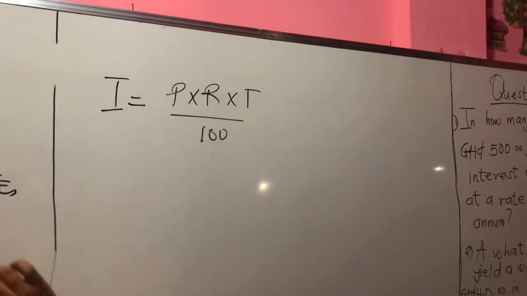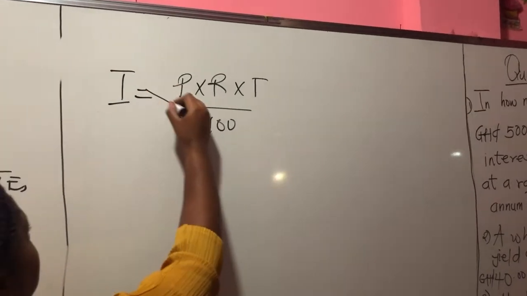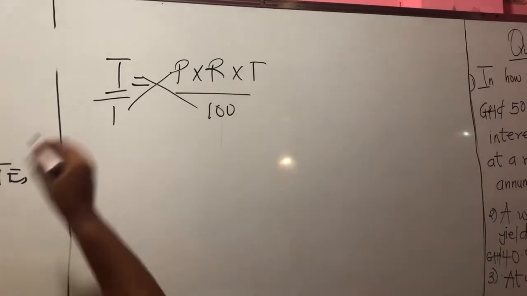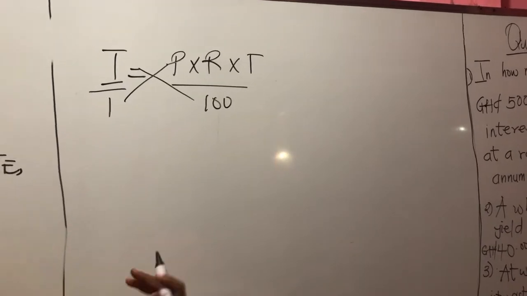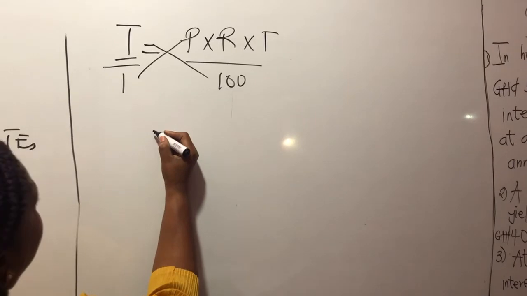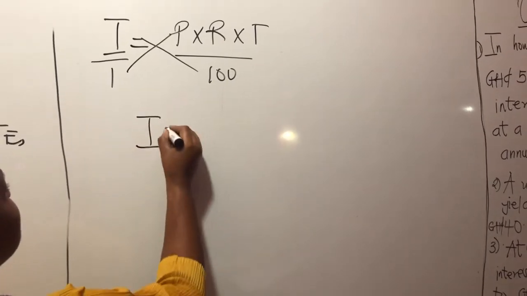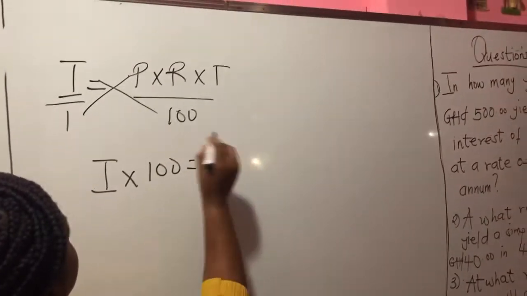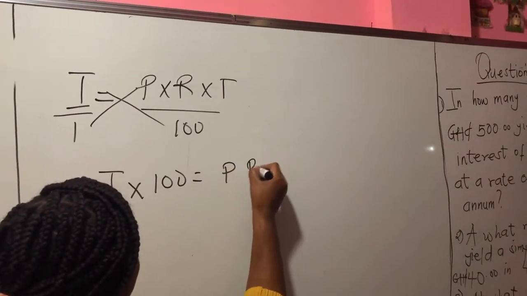First of all, you cross multiply. So this I is automatically over 1. Anything standing on its own is over 1. So you have I times 100, all is equal to what? P, principal, times rate, times time.